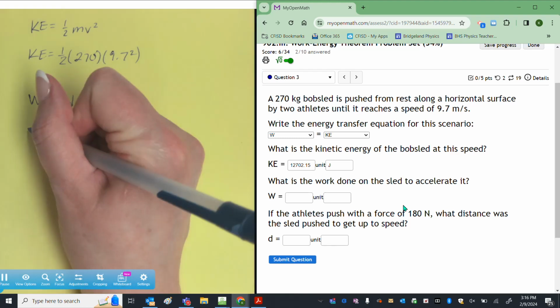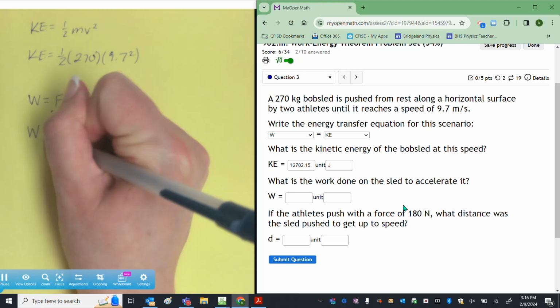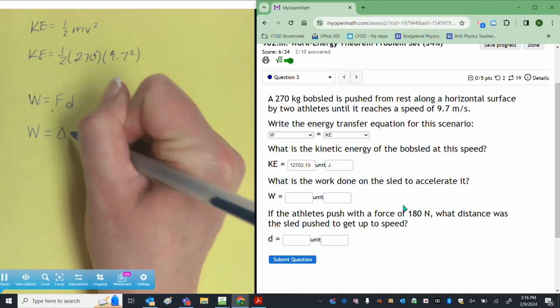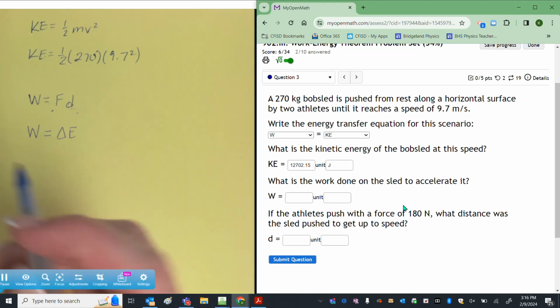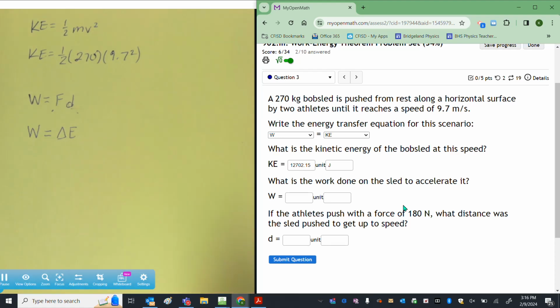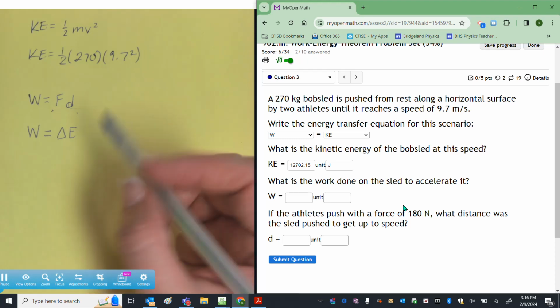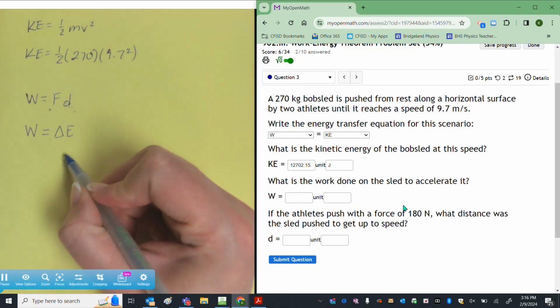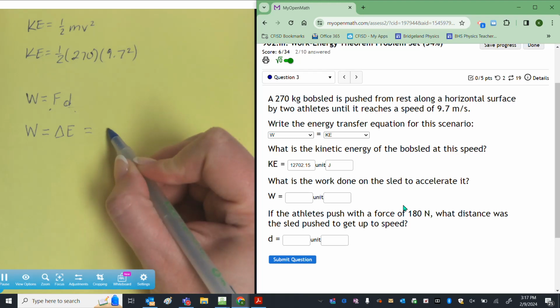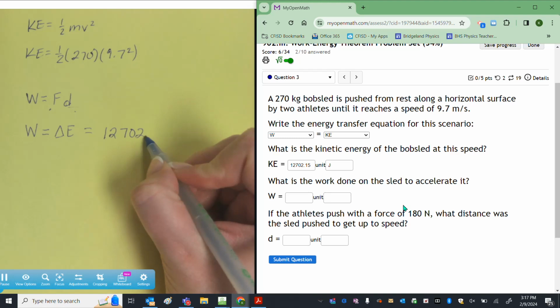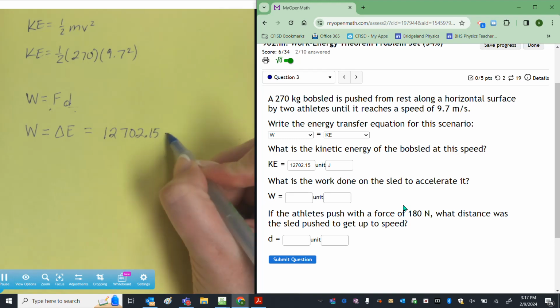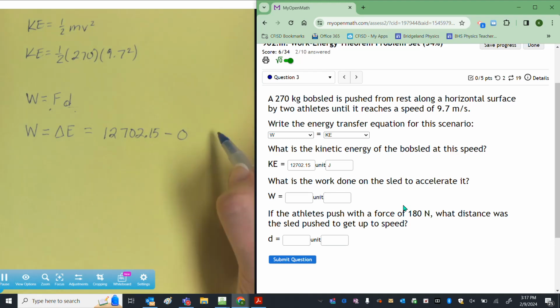Instead, you're going to use the work energy theorem, which states that the work done is equal to the change in the energy of the system. And I know the kinetic energy now is 12,702.15, and I know it was initially 0. So the change in energy is equal to that final energy, 12,702.15, minus that initial energy of 0.